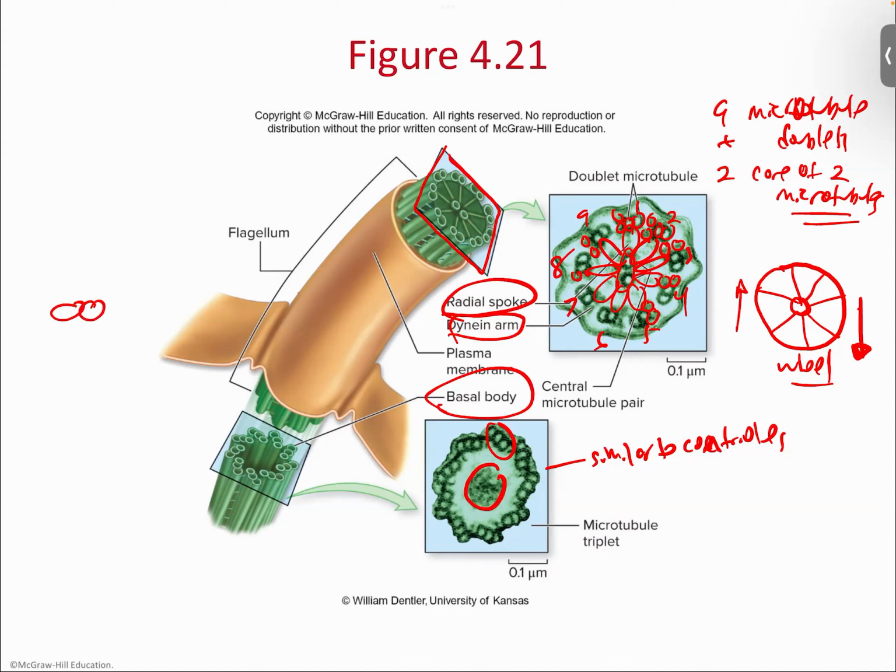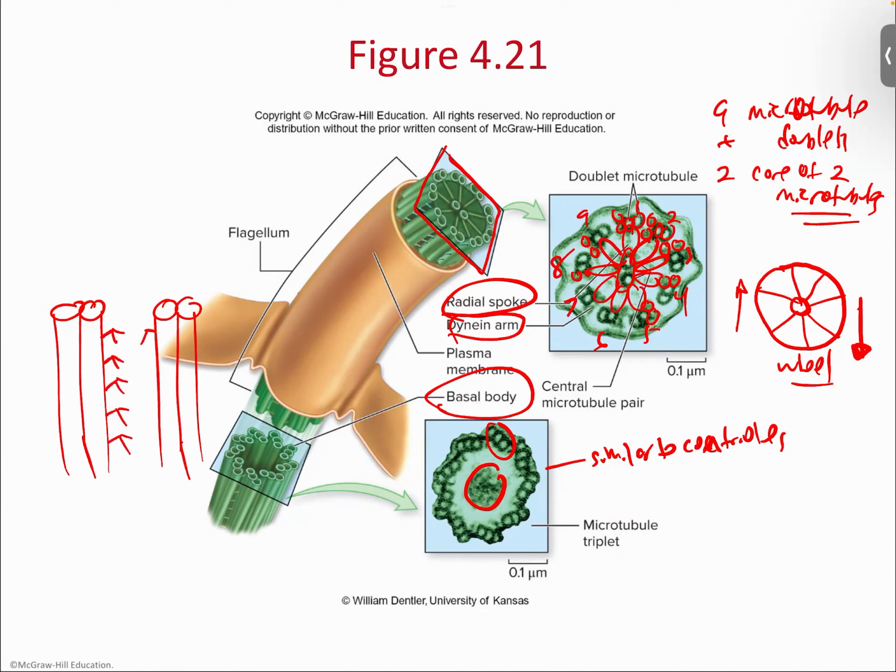So here is my microtubule doublet. Here's an adjacent one. So basically the way this is going to work is your dyneins, the cargo domain is bound to the microtubule doublet. So you got the little walker domain sticking out, the little leg sticking out like this.